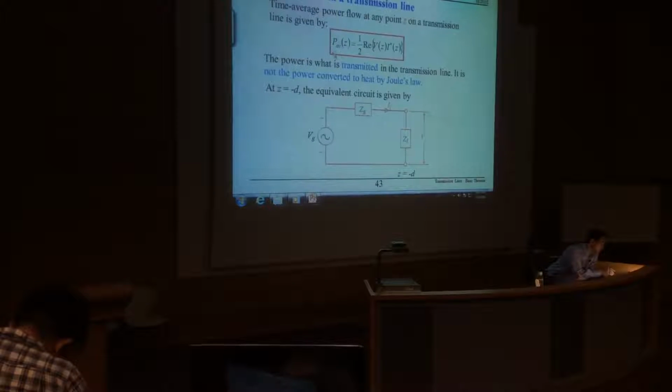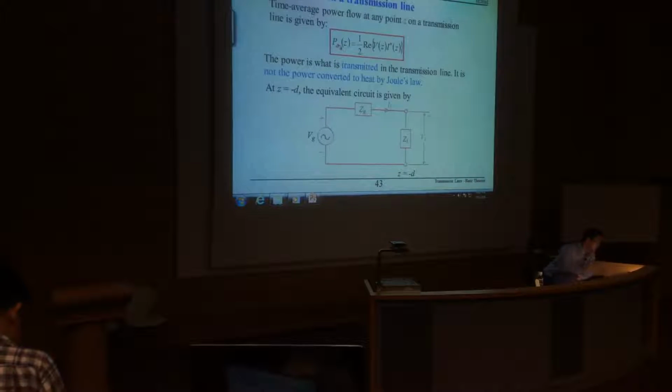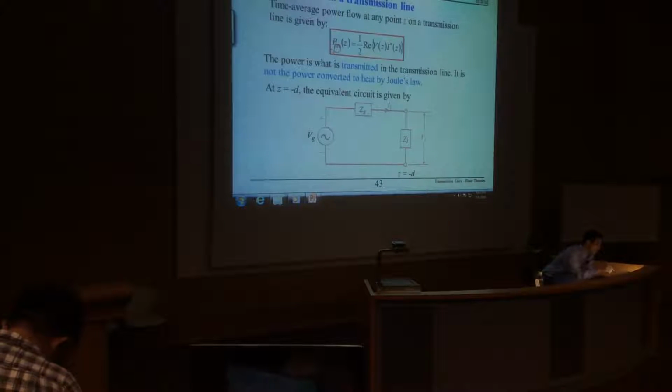Be careful here, we have a few definitions, so sometimes we could get confused. The average power is equal to 1/2 the real part of the voltage times the complex conjugate of the current. This is the power transmitted in the transmission line.